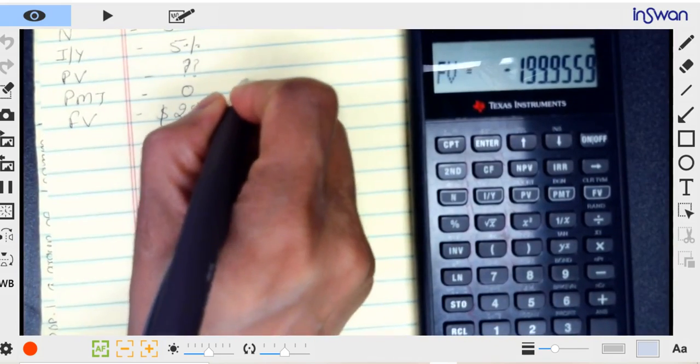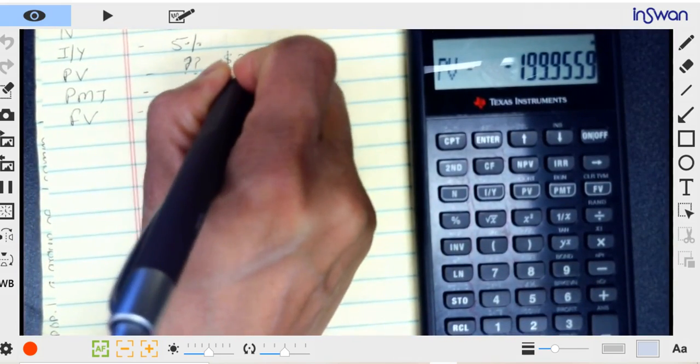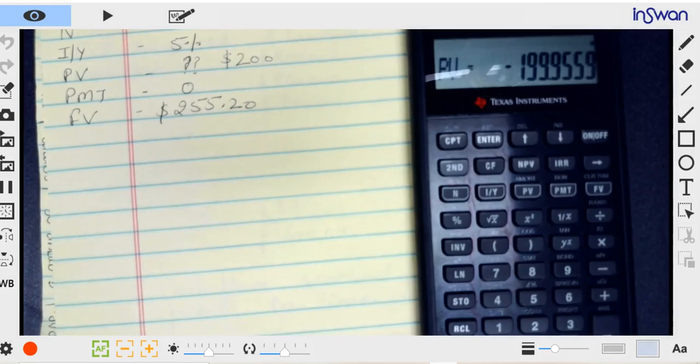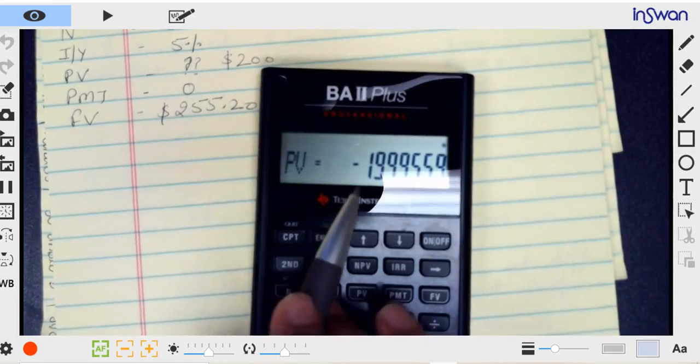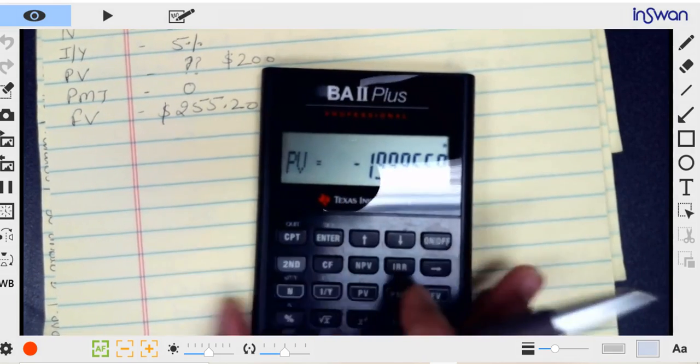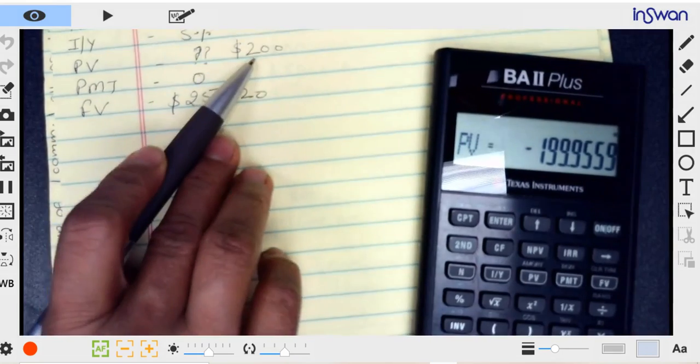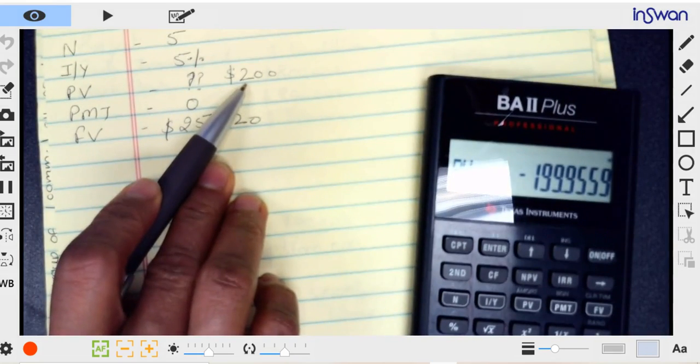So our present value here would be $200. Always remember, there is a negative sign here. If one is positive, it will give us the answer as a negative number.